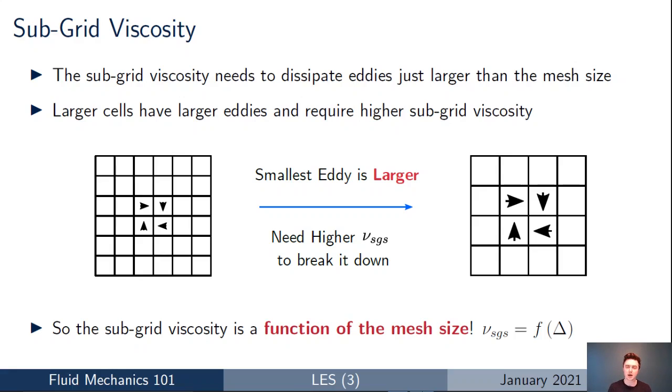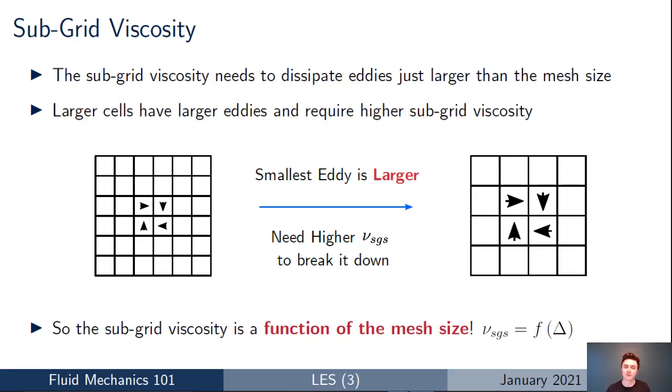So you can see in the fine mesh on the left on the slide there, that smallest eddy that we need to break down is actually quite small. But if we now move to our coarser mesh, we can see that the smallest eddy we need to break down is actually a lot larger. And that means that we'll need the subgrid viscosity to be larger in the coarse mesh than it is on the fine mesh, because the function is to break down the eddies that are just smaller than that largest cell size.